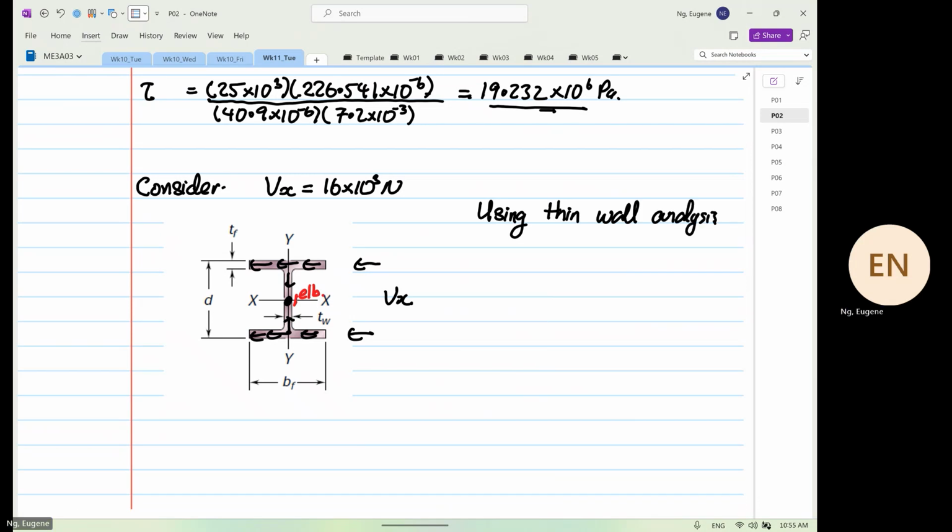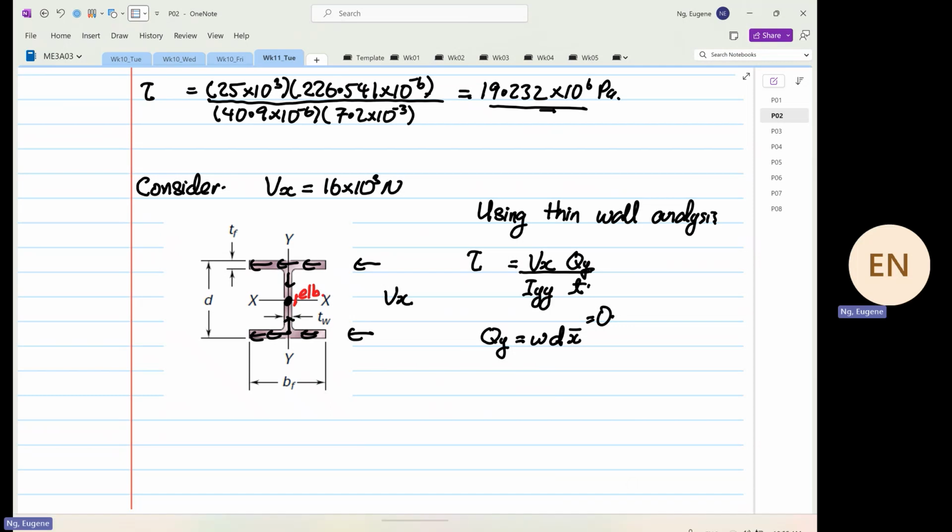we have the shear is equal to Vx over Iyy times Qy divided by t. And when you look at Qy, it's equal to width times depth times the y bar, sorry, the x bar, which is equal to 0.